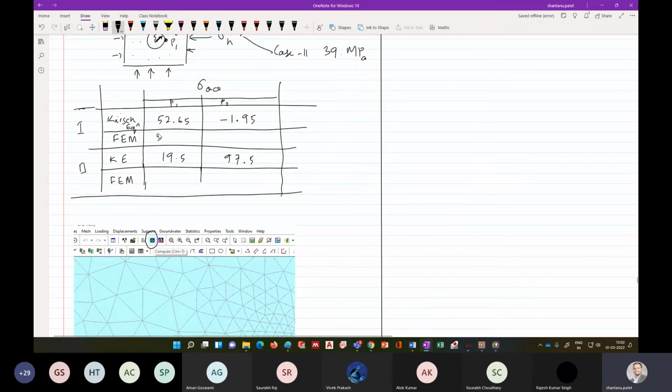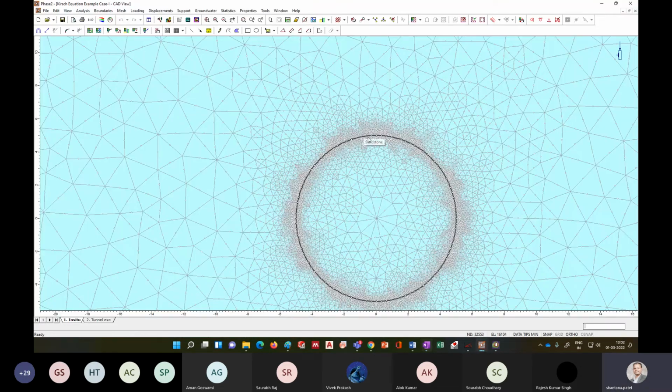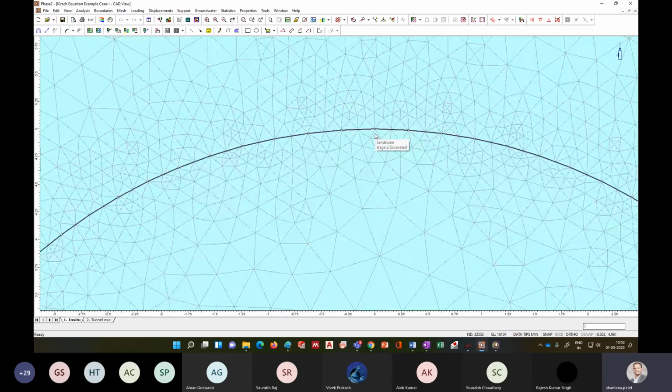So this is 52.63 and minus 1.72. See, this is super close to that value, right? There is a minor difference, and that difference depends on how fine your zones are.